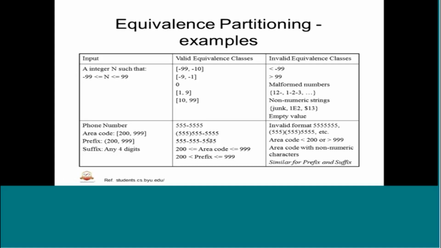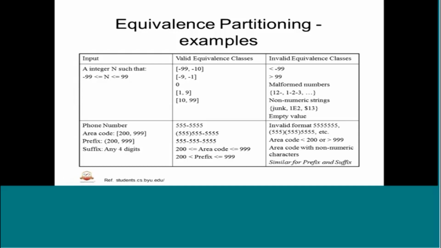So what are the invalid equivalence classes? An invalid format is 555, 5555 together. Similarly, the next one, two prefixes are there, when it is supposed to be one prefix. Area code less than 200, so maybe 100 or a minus value.